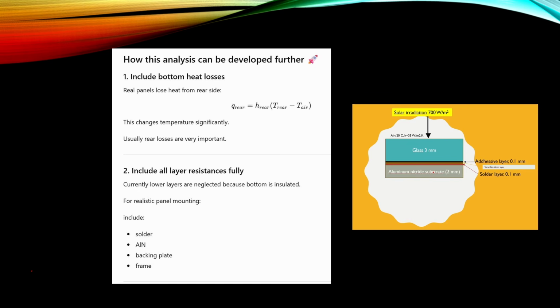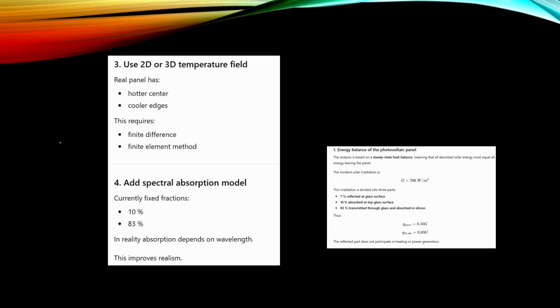So you can calculate the whole heat loss from this panel. If you have a CFD tools available, you can run two-dimensional or even three-dimensional temperature field simulation. The typical result is that the center is hotter and corners are cooler.